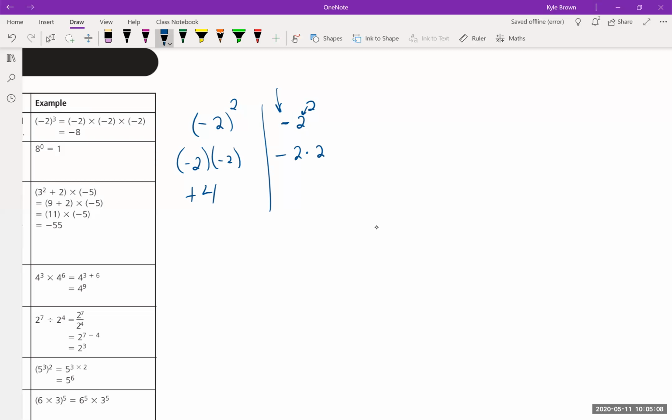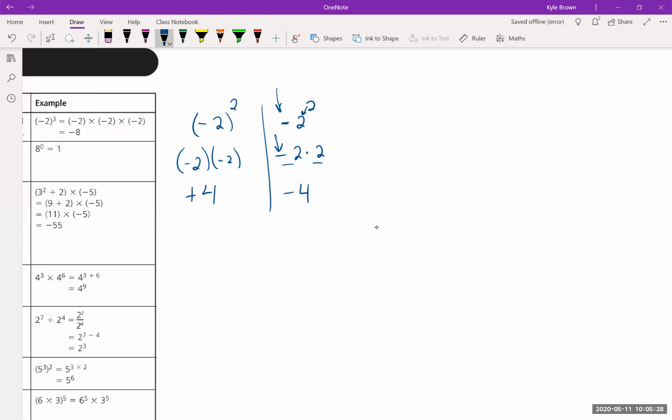Or you can think of it as -2 times +2. Either way, this turns out to be -4. So +4 and -4, even though they look similar, are completely different numbers. If you get that wrong, then the entire question's wrong. Okay, so be careful on those.